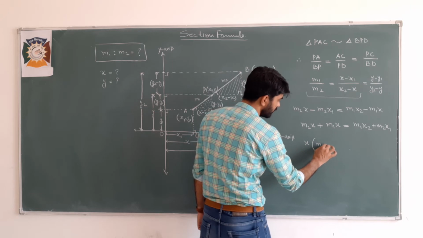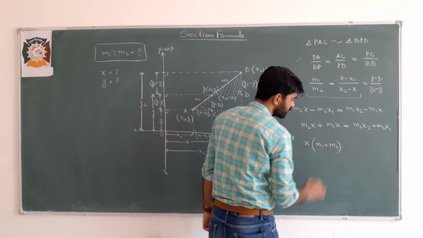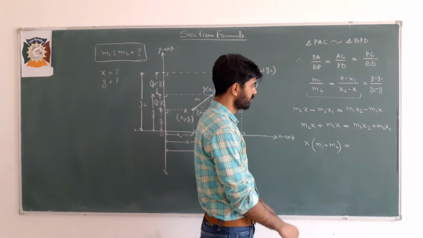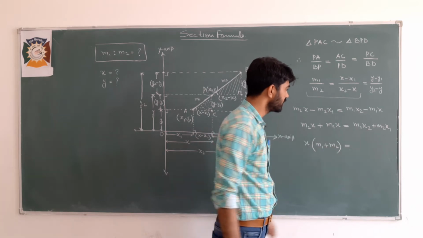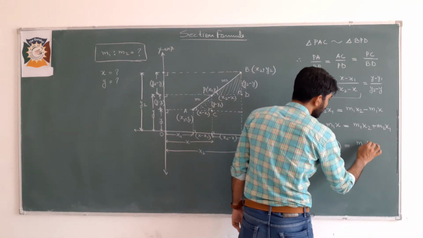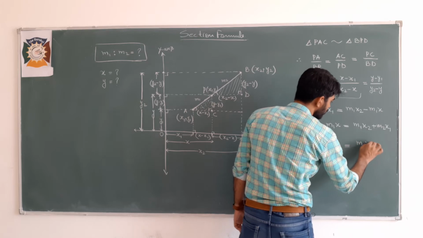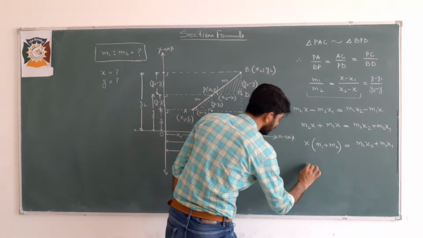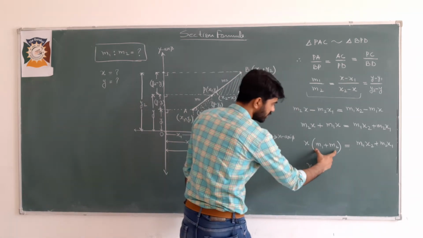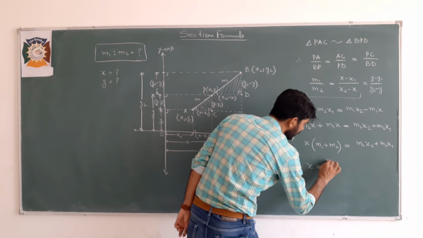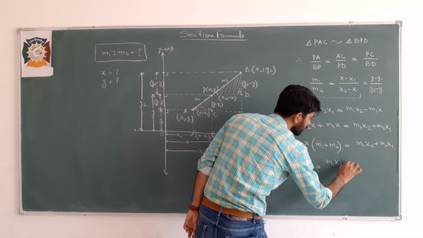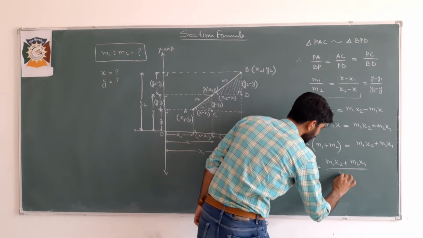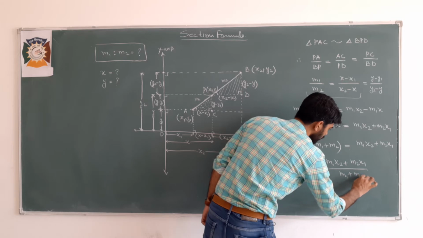So m1 plus m2 is left, is equal to m1 into x2 plus m2 into x1. So what formula for x do we get? X is equal to, this will go in the denominator, so m1 x2 plus m2 x1 divided by m1 plus m2.